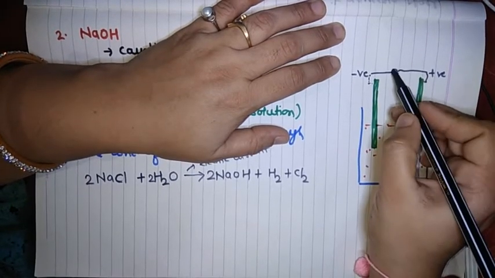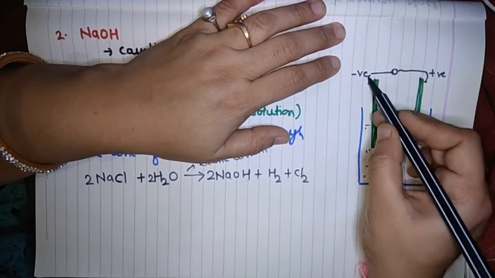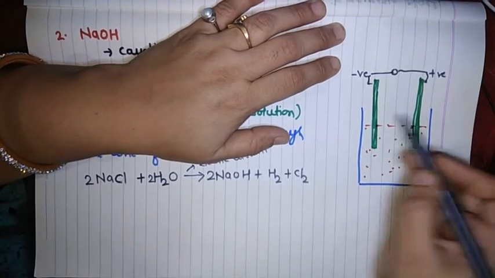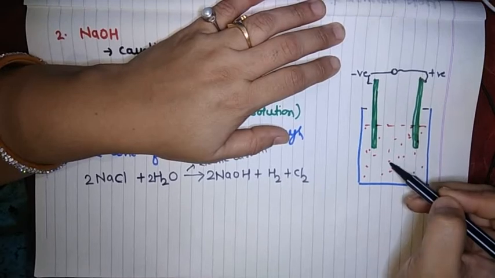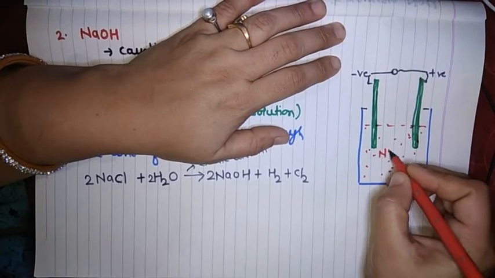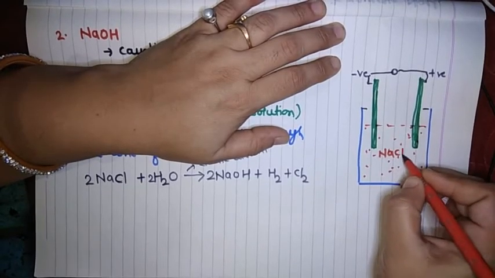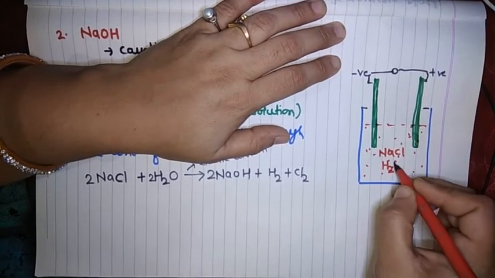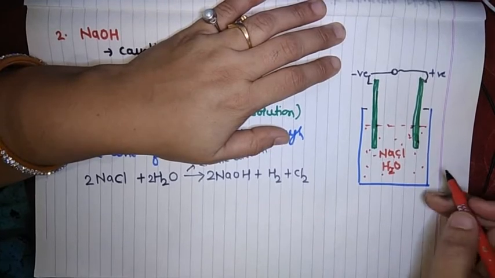Now if we just supply this electric current to the solution, then what will be there? Let's draw it. NaCl plus water. Then what will happen here?